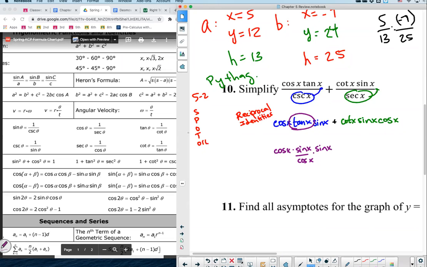And then over here I'll do the same thing with cotangent. Cotangent is cosine divided by sine. That right there is called the quotient identity. And since I did it twice, I'll say quotient identities. Make it plural.